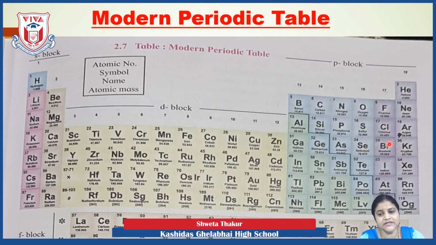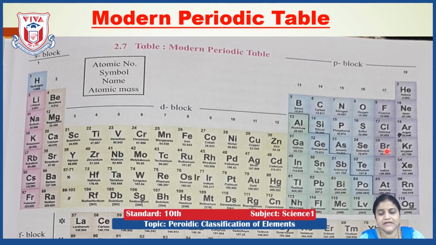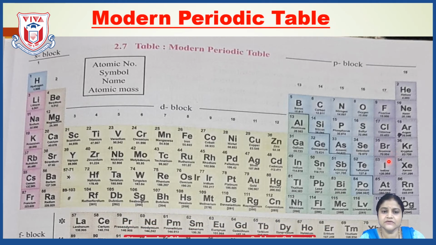But that gradation is regarding the physical state of matter, in which fluorine and chlorine are in gaseous form, bromine is in the liquid form, and iodine is in the solid form. Okay, so here we conclude with the lesson. I think the classification of the elements is clear to you.